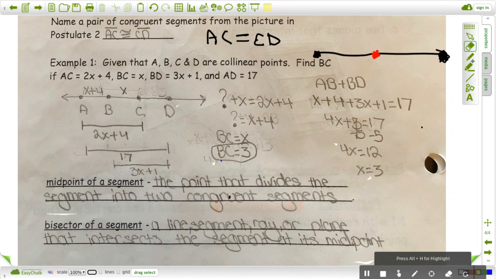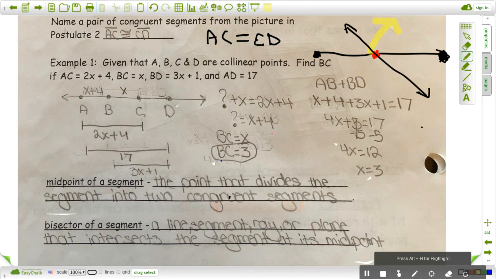So you can kind of tell the bisector of a segment cannot be a point, because that would technically be called the midpoint. A line could intersect it, or pretend that was near the midpoint, or it was on the midpoint, or this is a ray, or a line could intersect it, bisect it, or a plane, which I can't really draw, but it goes through the midpoint like this.